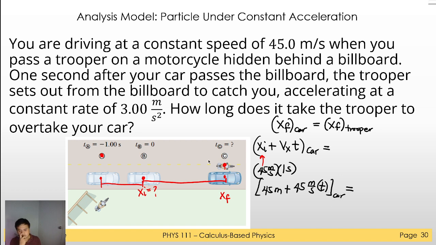So therefore, if you want to find the final position of the trooper, assuming a constant acceleration, using your formula, we have xi plus vxi times t plus 1 half ax t squared.